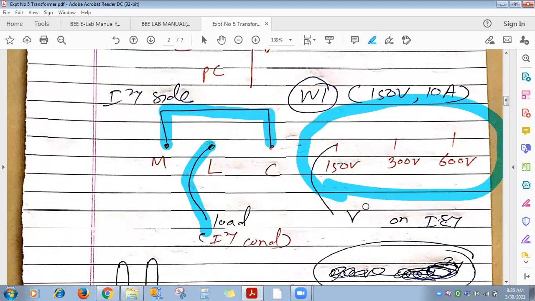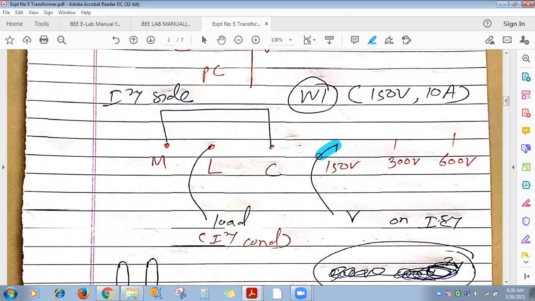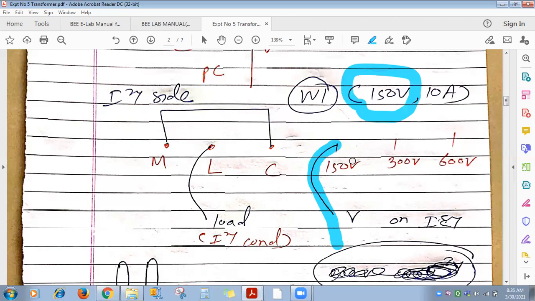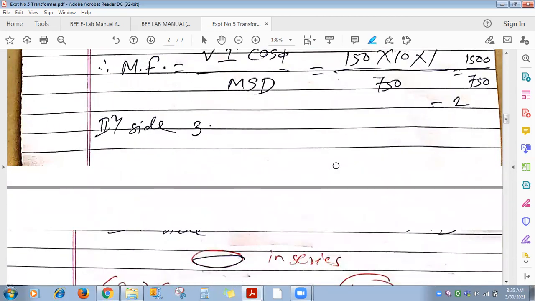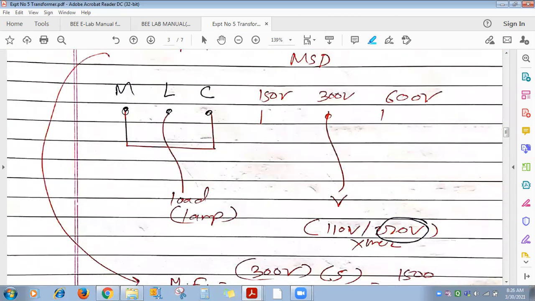How much voltage are we going to apply on the primary? 110 volt. That is why I have connected one wire to 150 volt, and for W1 the V range is 150 volt. For the second wattmeter you do the same: M and C you short externally, and L you connect to the lamp load.